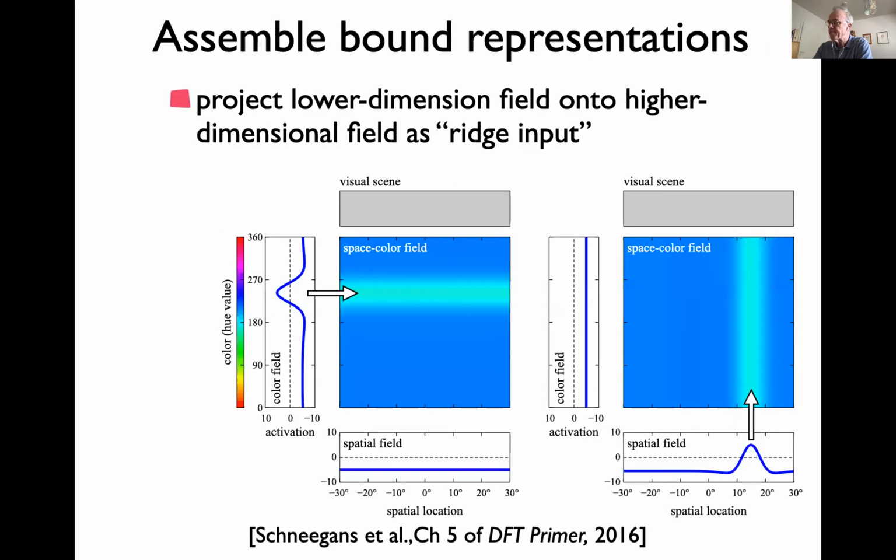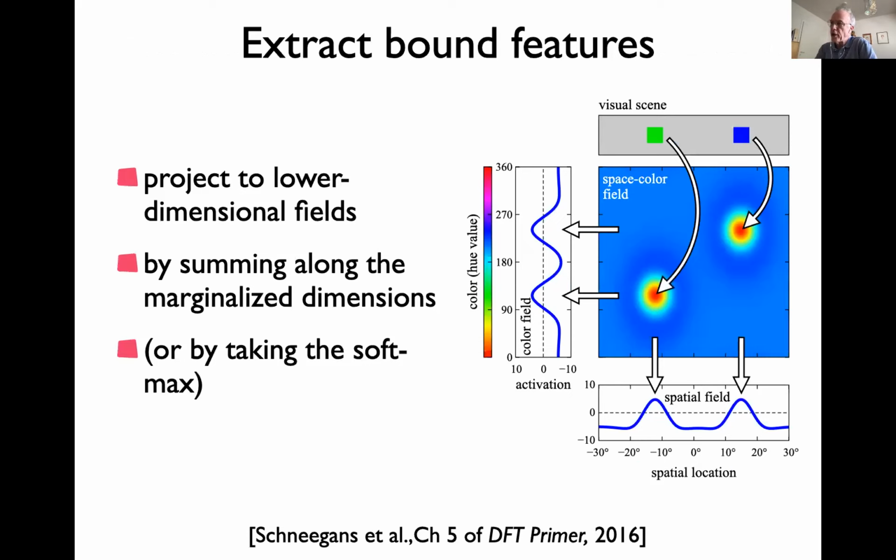Now, if you have that, you can do a couple of operations on that. One of those is to extract the features that are conjointly represented. So unbind them. So for instance, if I have a pure color population that only represents color and a pure spatial population that only represents space, I can extract by summing, for instance, across the 1 dimension.